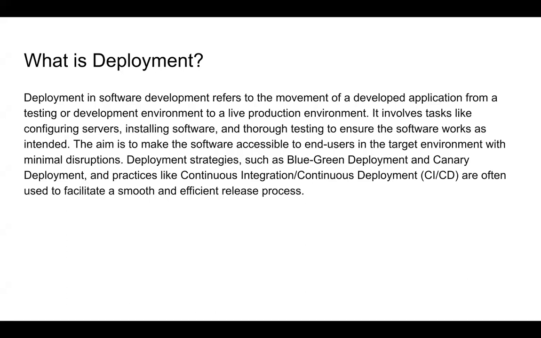The aim is to make the software accessible to end users in the target environment with minimal disruptions. Deployment strategies such as blue-green deployment, canary deployment, and practices like continuous integration and continuous deployment are often used to facilitate a smooth and efficient release process.